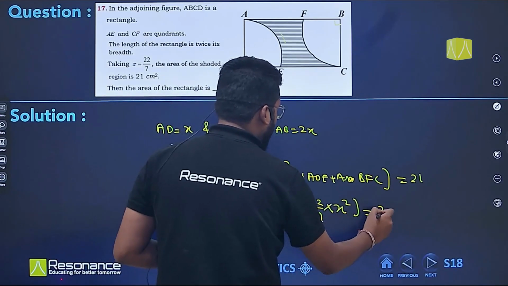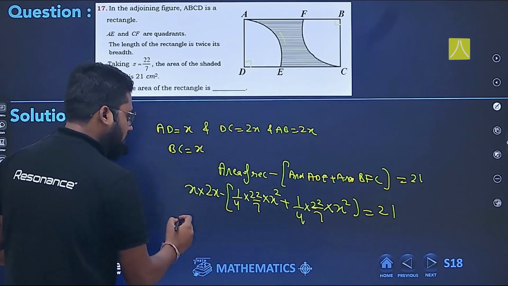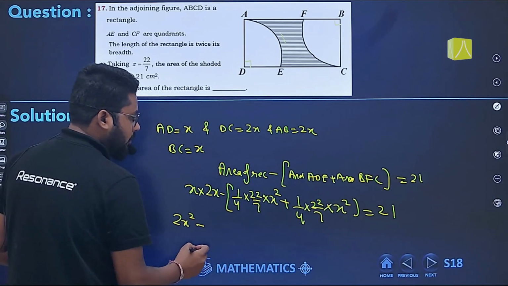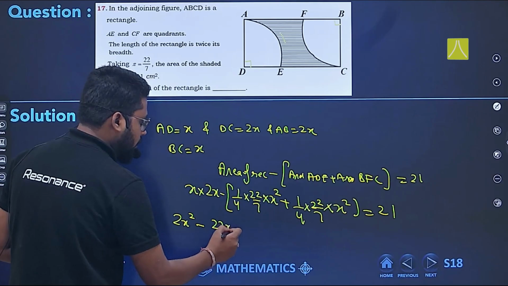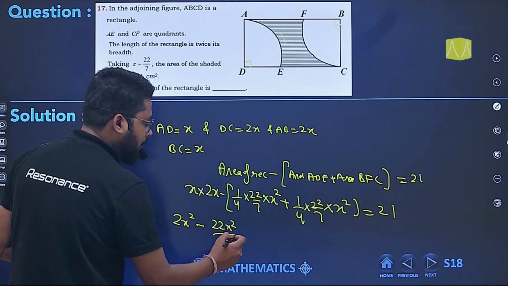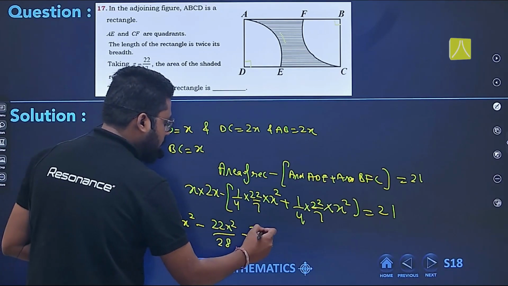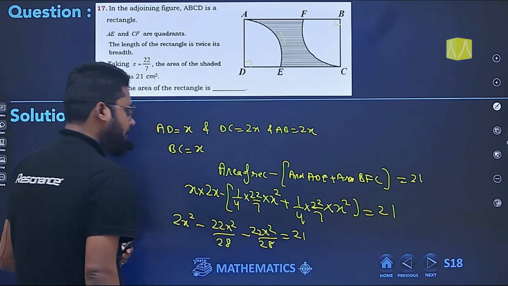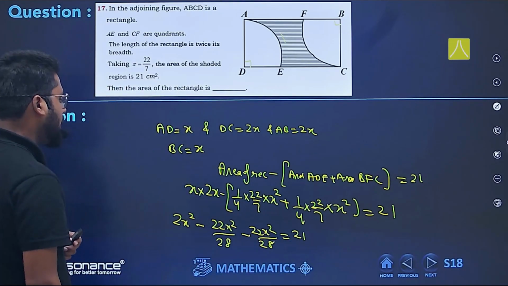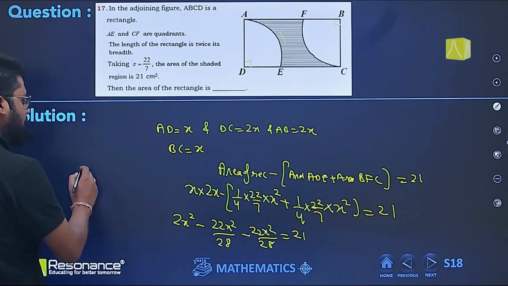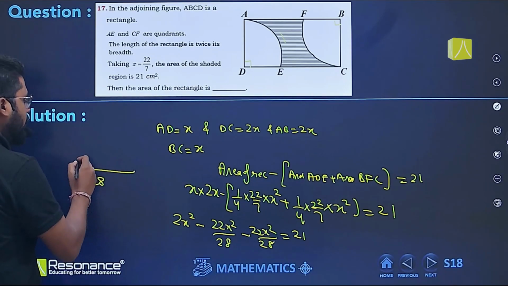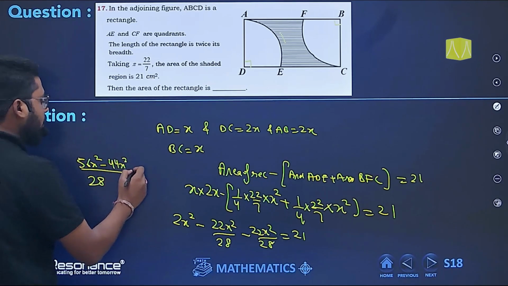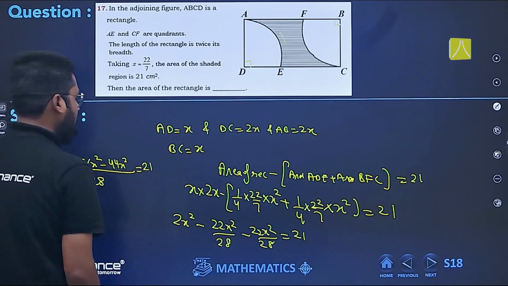equals 21. So 2x into x is 2x square, minus 22x square by 28, minus 22x square by 28, equals 21. If I take 28 as LCM, it will be 56x square minus 22 is 44x square by 28 equals 21.